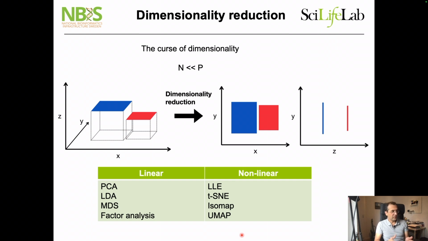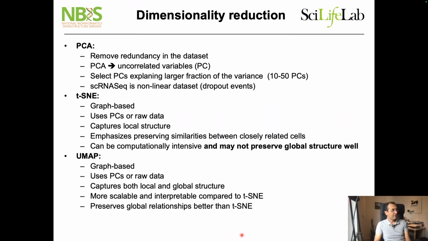We will talk about PCA from the linear approaches and t-SNE and UMAP from the nonlinear. I'm not going to walk you through every point here. There are different mathematical reasoning and background about those, which personally I don't know all of by heart either.